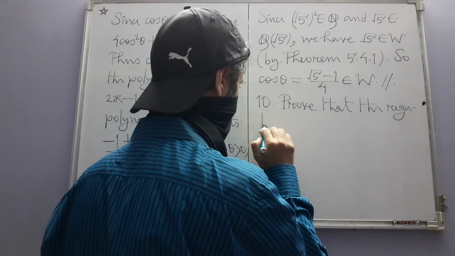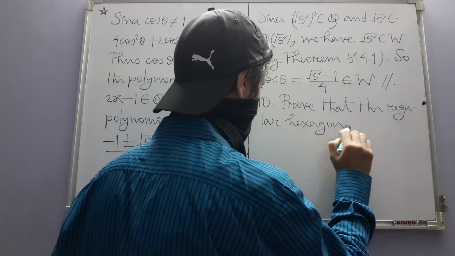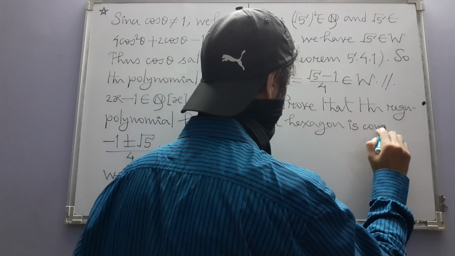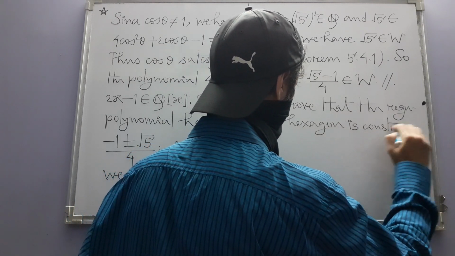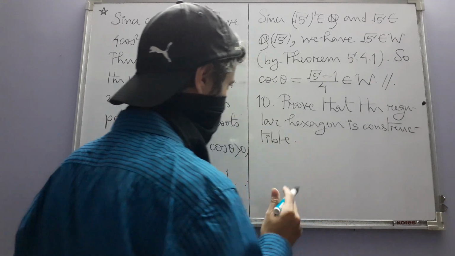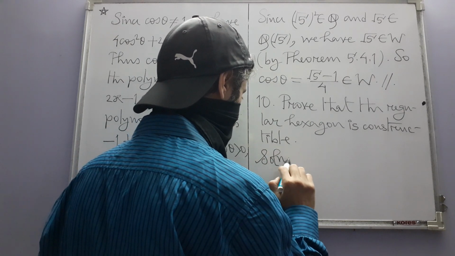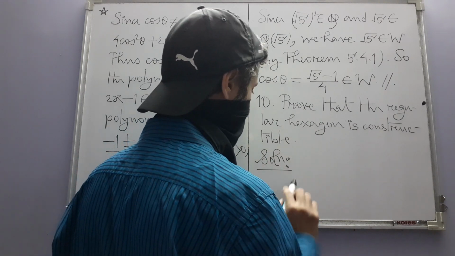This one is easier because here the cosine value is a known value and is a very easy value.